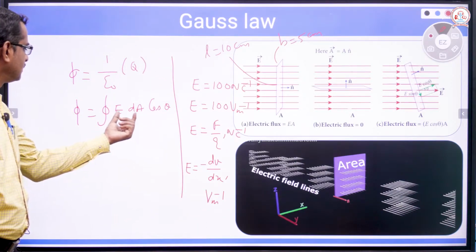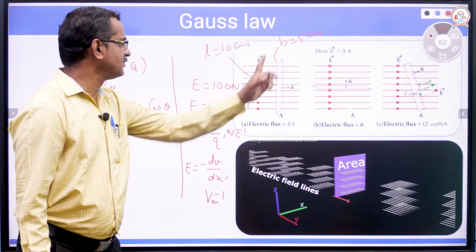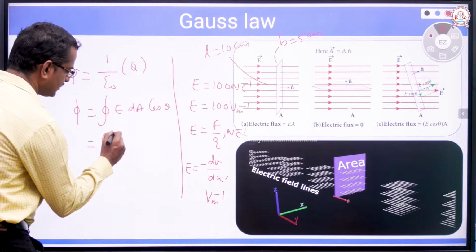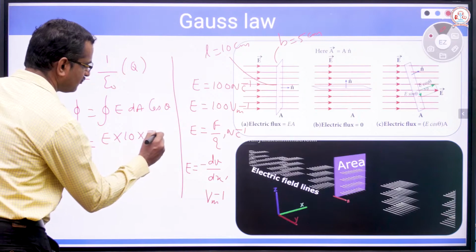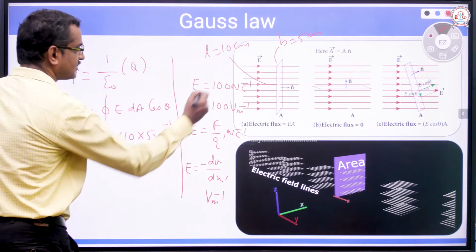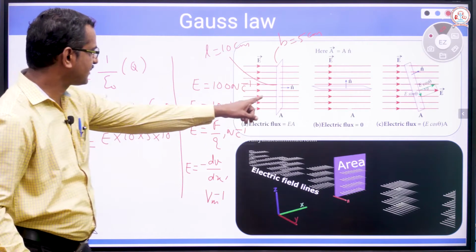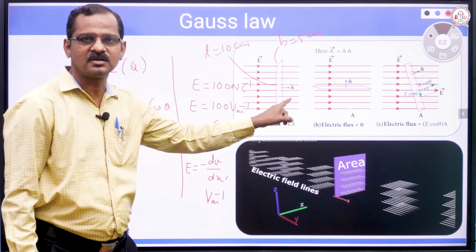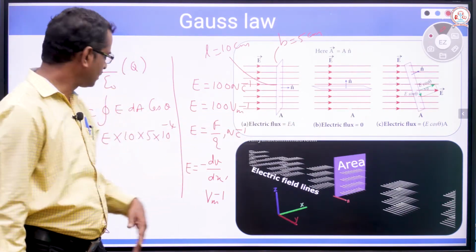So area is 10 centimeter into 5 centimeter, that is 10 into 5 into 10 power minus 4, because this is in centimeter, isn't it? In the first case, theta is equal to 0, cos 0 is 1.